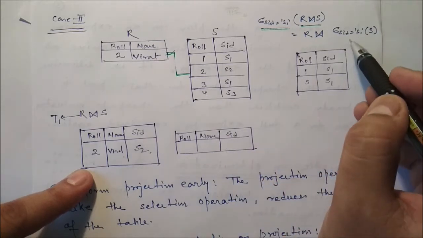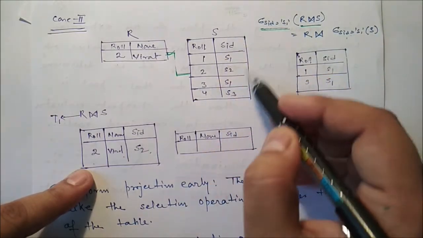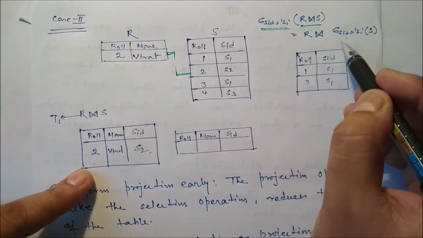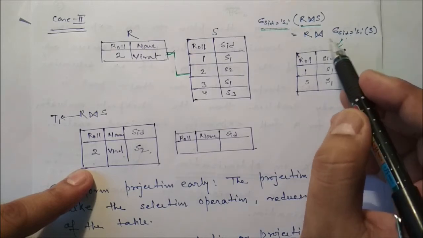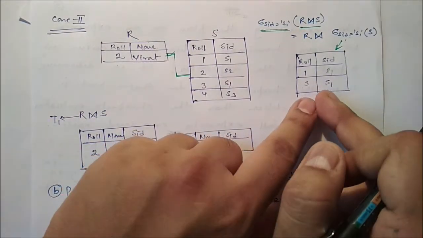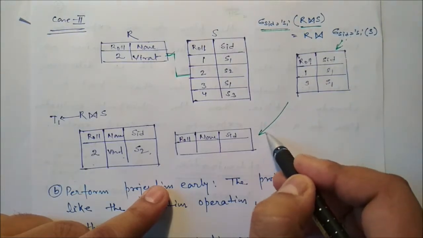But if you apply the selection condition before that join, on table S, the table will be like this: 1 S1, 3 S1. After that, if you apply the join with R, it will create the same result.